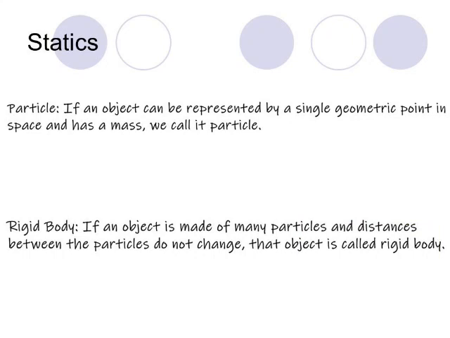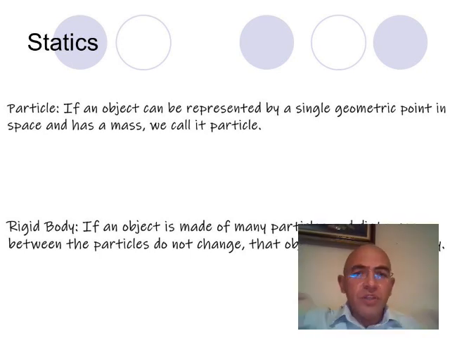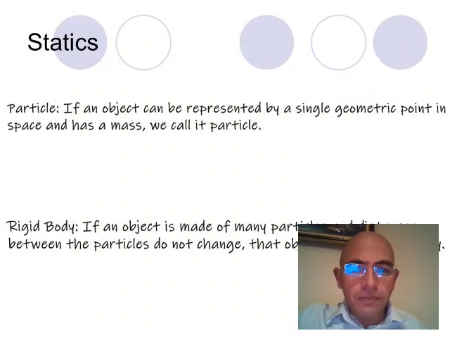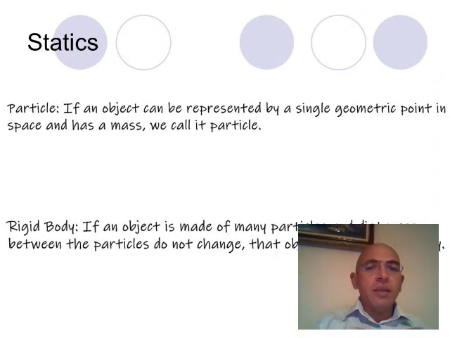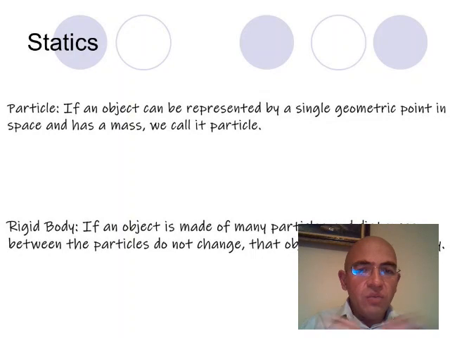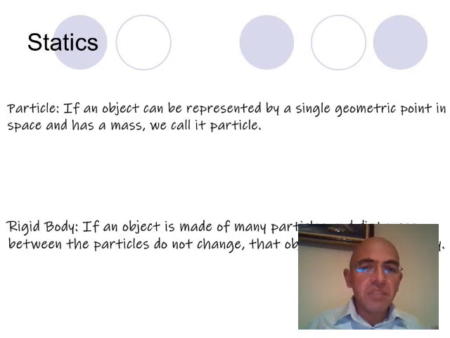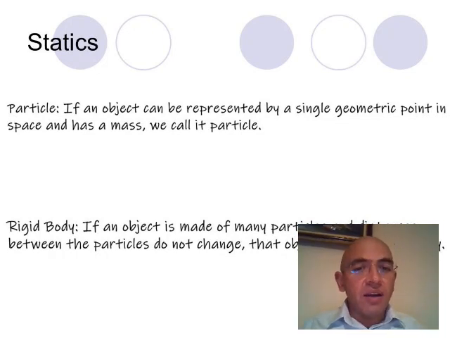Okay, now rigid body. Now let's think that an object is made of an infinite number of particles connected to each other. Okay, so each particle is connected to each other by, let's say, artificial springs, invisible springs. And I want to deform it. I apply a force. Certainly it tends to deform, but for the moment, let's assume that the springs are highly stiff.